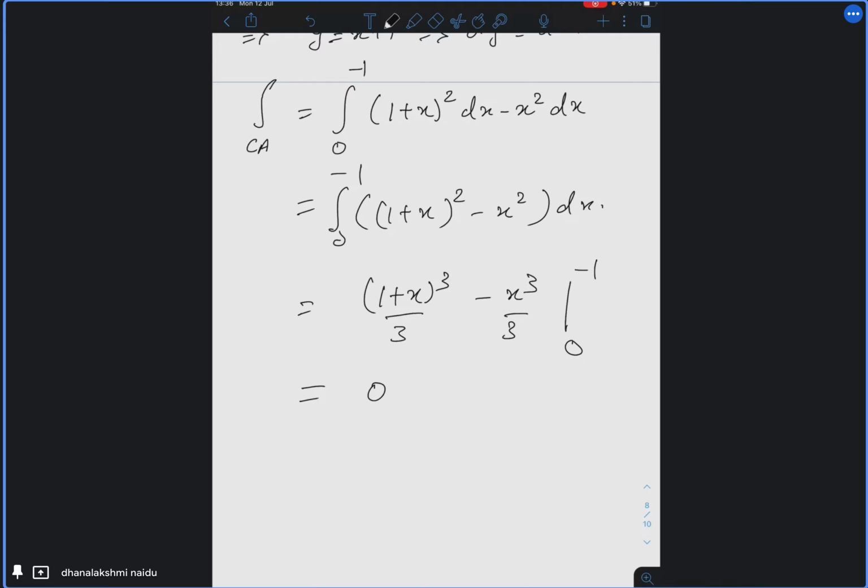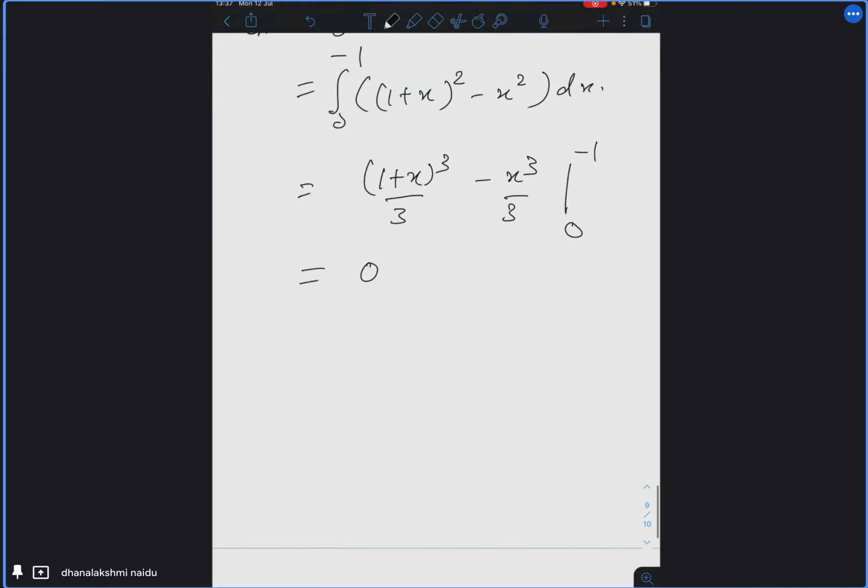Because for the first term, 1 minus 1 will be, this part will be 0, but minus 1 by 3 you will get. So 0 minus 1 by 3 you will get. Minus 1 by 3. And similarly the other ones also. So again a plus 1 by 3 you will get, which will be cancelled. So overall this answer is 0.